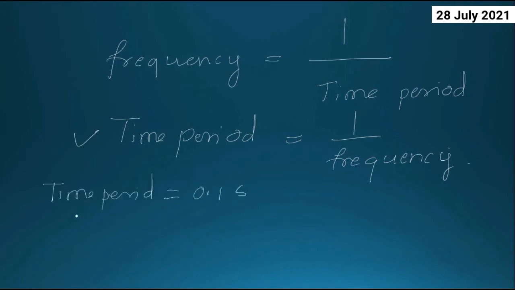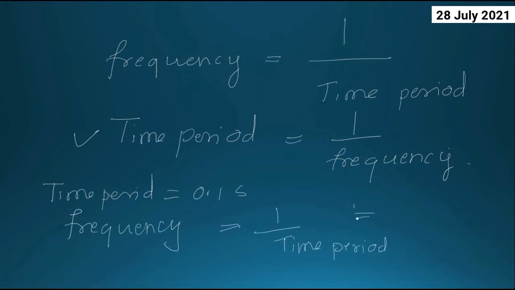So what is the frequency? Frequency is equal to 1 upon time period, that is 1 upon 0.1, which is equal to 10 hertz. So always remember this formula. It becomes very easy to calculate frequency if time period is given, or time period if frequency is given.